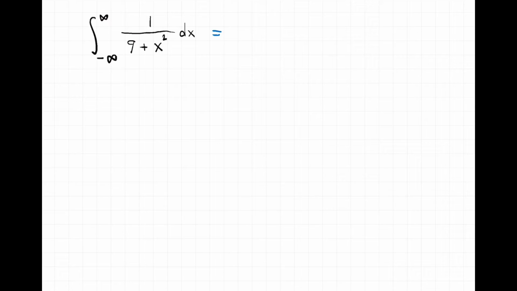So let's first write this here. Let's have the integral from minus infinity to something of 1 over 9 plus x squared dx, plus the integral from something to infinity of 1 over 9 plus x squared dx. Now, this function, we just graphed it.